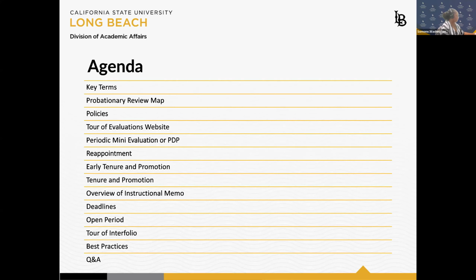And I'll point out some important places for you to be familiar with to help you as you're getting your material together and storing them for future reviews. At any point during the session, please feel free to ask questions as they come up.